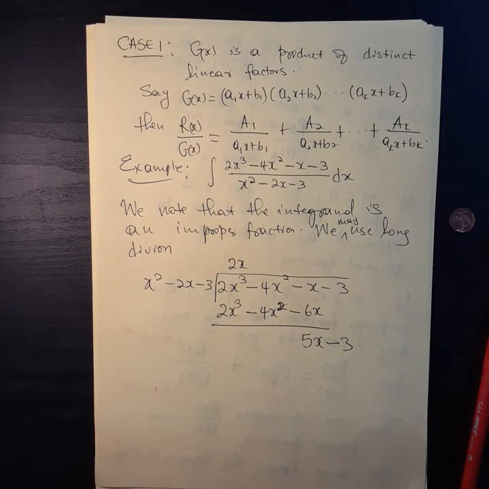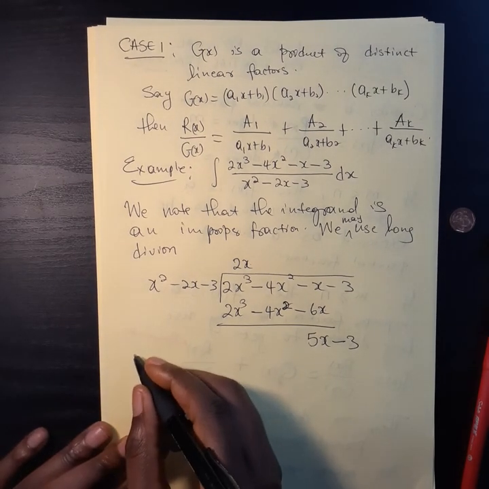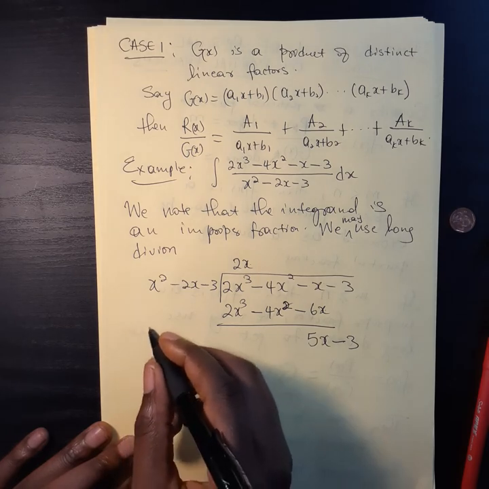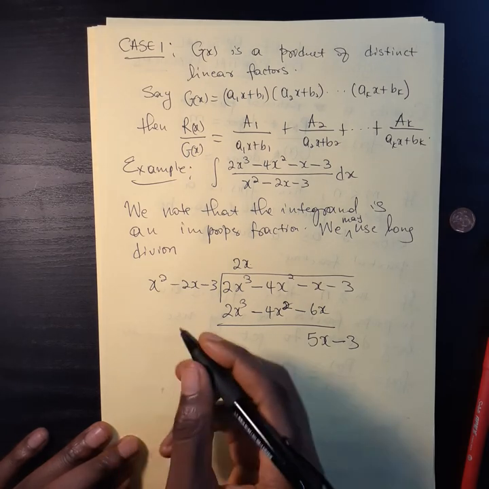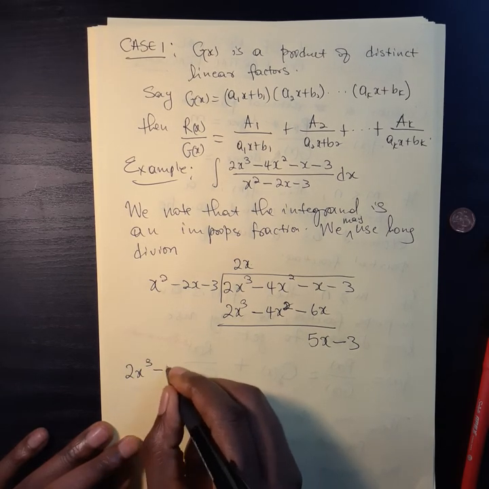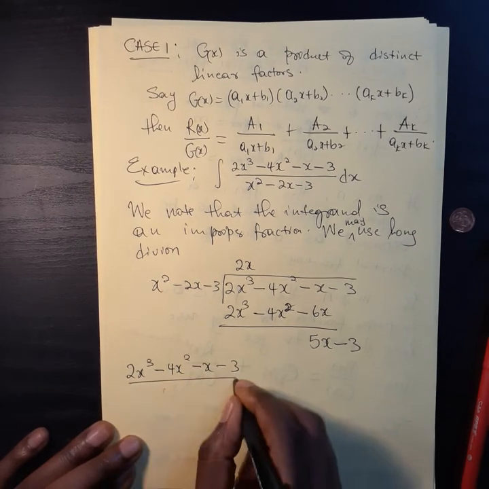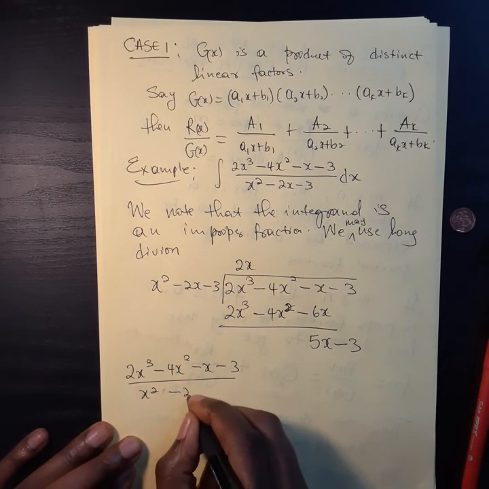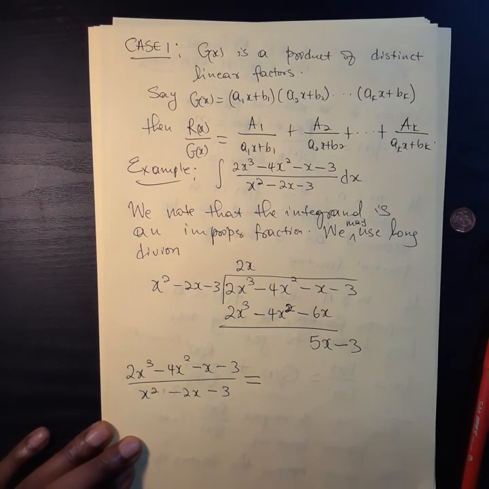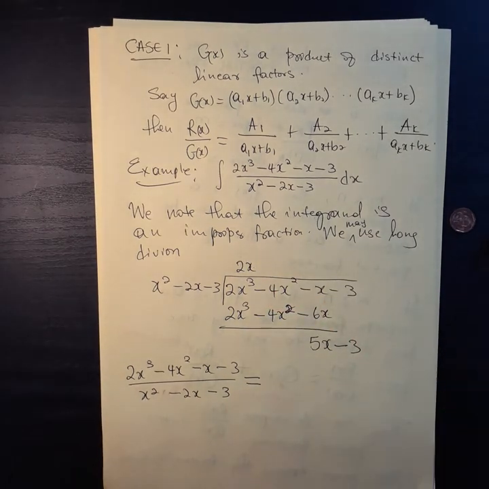So it tells us that our fraction, maybe I should rewrite it here, 2x cubed minus 4x squared minus x minus 3 over x squared minus 2x minus 3, which is an improper fraction, can be written as the quotient. This is our quotient.